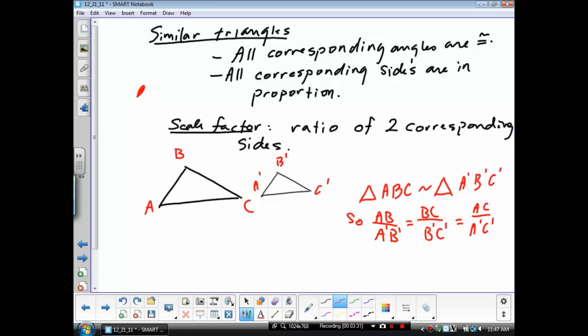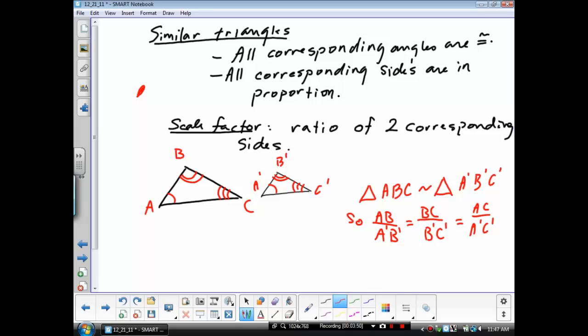This is part 2 of the definition of similar triangles. All corresponding sides are in proportion. Part 1 would tell you that whatever measure angle A has, A prime has that same measure. B and B prime then, and C and C prime.